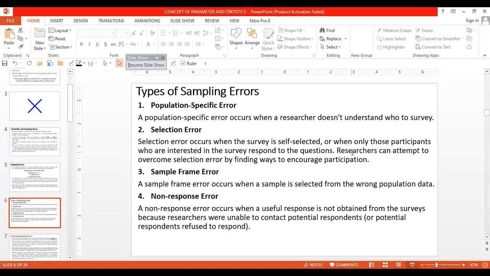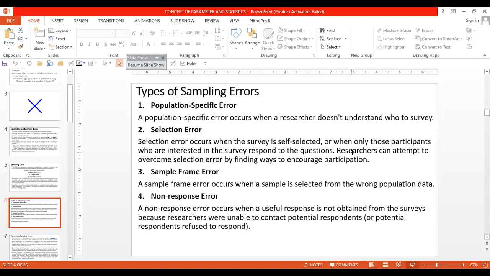Also, another error comes as a result of sample frame error. You look at your sample frame, and the sample is selected from the wrong population data. You have your sample frame, but when you go to select your sample now, it's selected from a wrong population data.